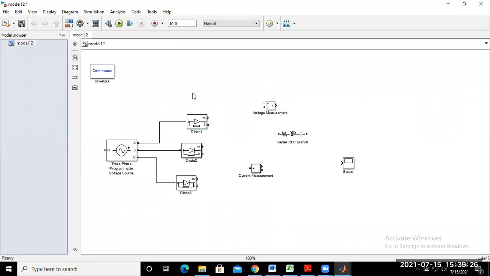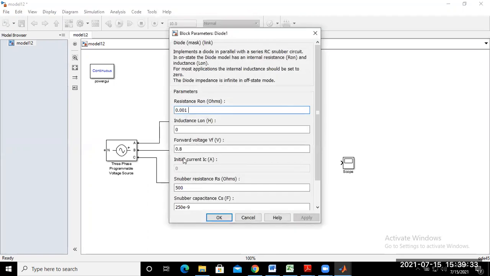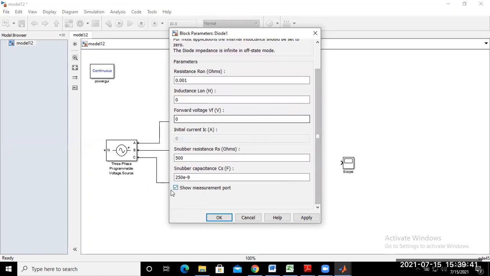And again, just click on the diode. If you consider the forward voltage drop to be 0 across the diode, just apply and OK.